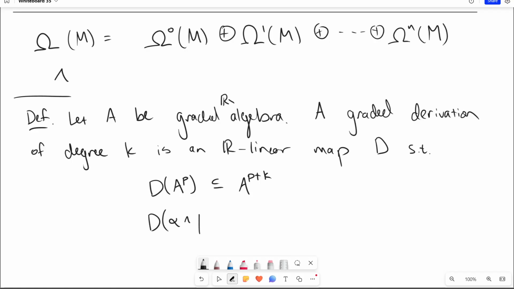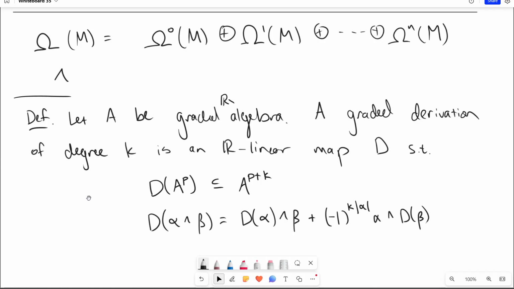D of alpha wedge beta is equal to, so this is the graded form of Leibniz rule. Since we're having to move the D all the way across alpha, we're going to get the degree of D and the degree of alpha. So I'm going to denote that using the absolute value bars around alpha, wedge d beta.